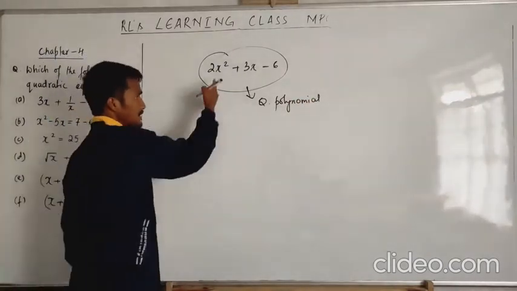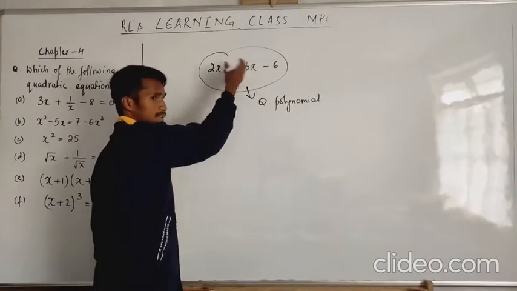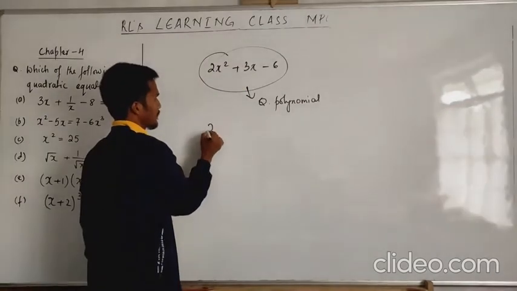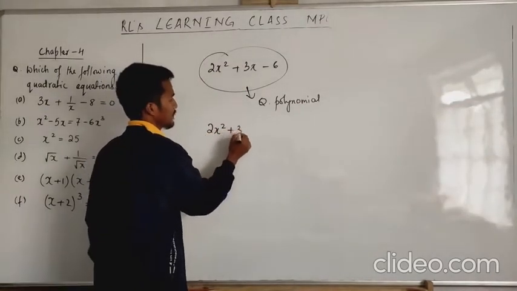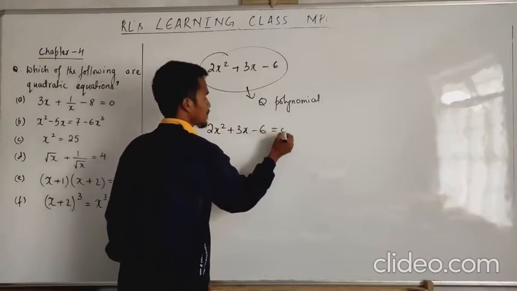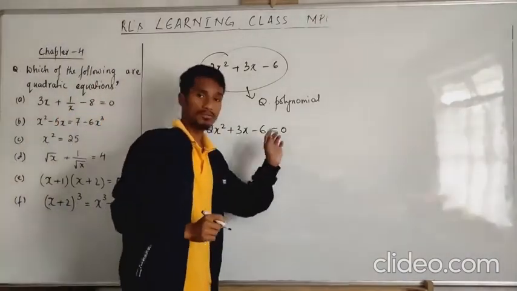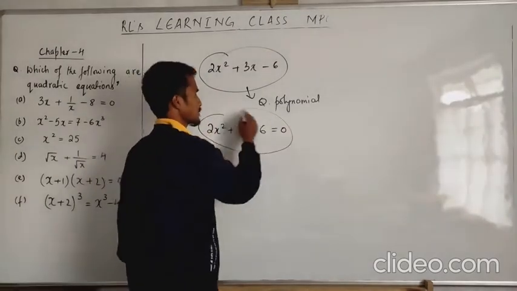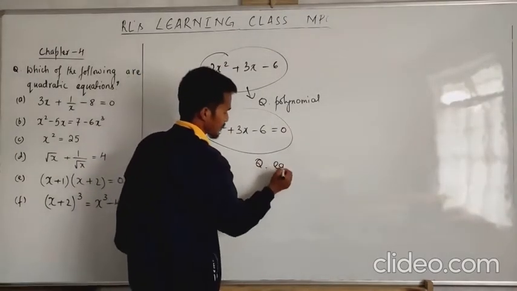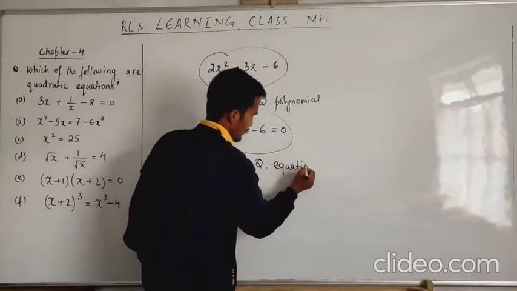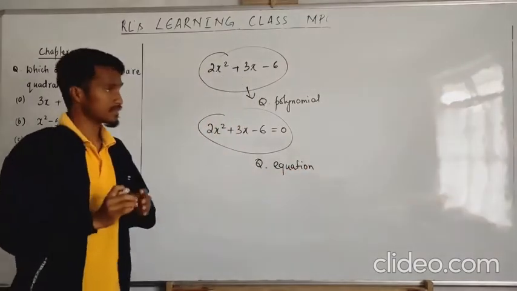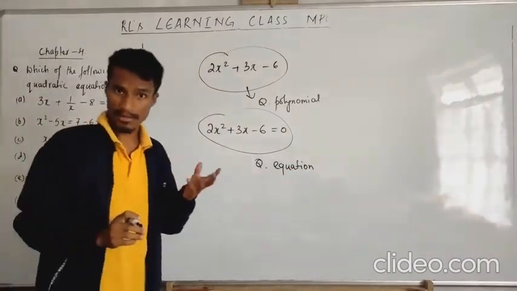And if I take the same expression here, I write 2x squared plus 3x minus 6 equal to 0. Now this whole expression I equate to 0, then this will become a quadratic equation. Now don't confuse what is a quadratic polynomial and what is a quadratic equation.